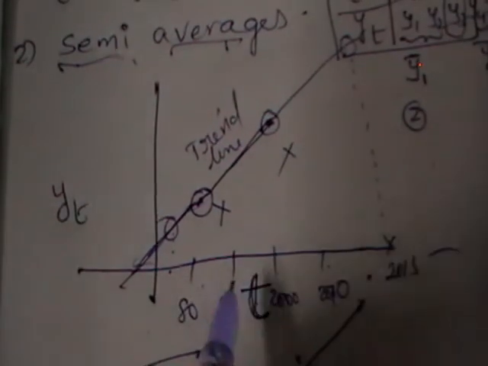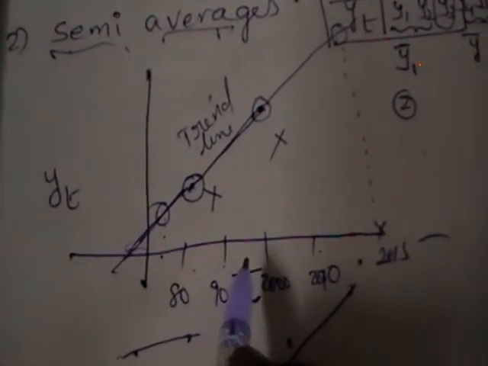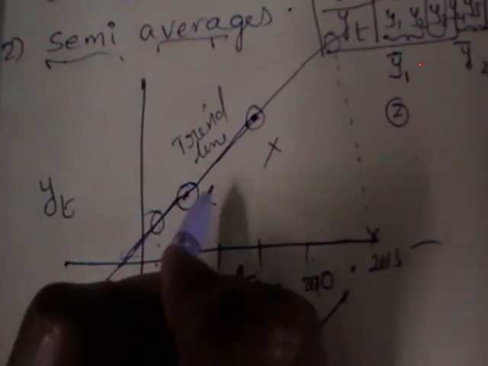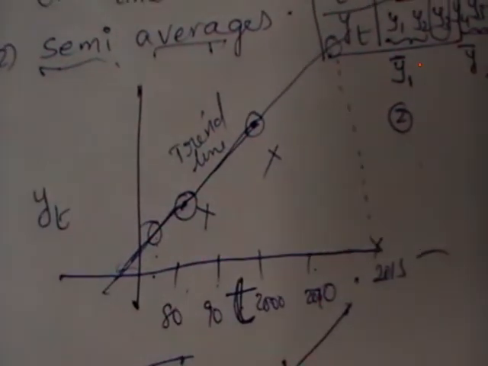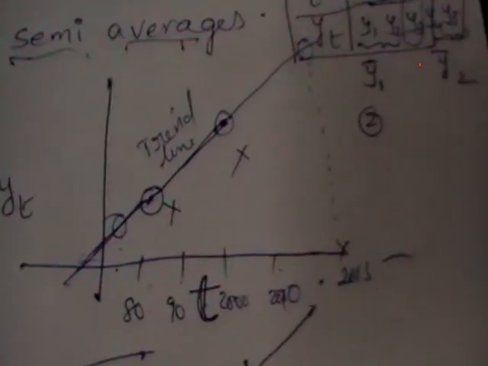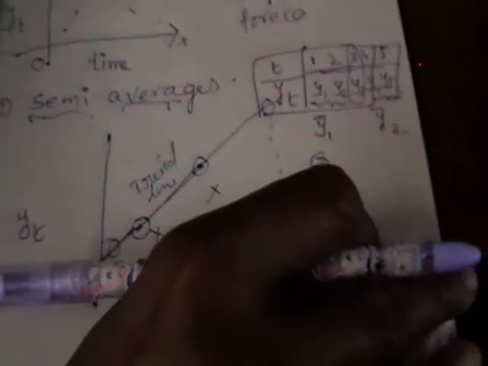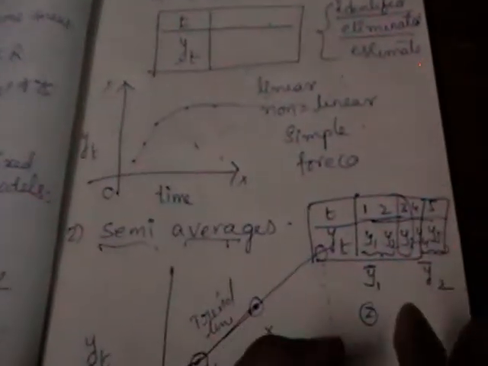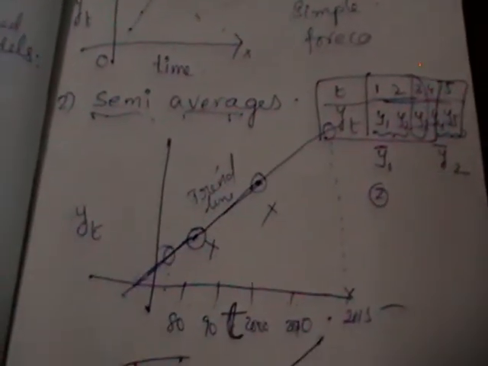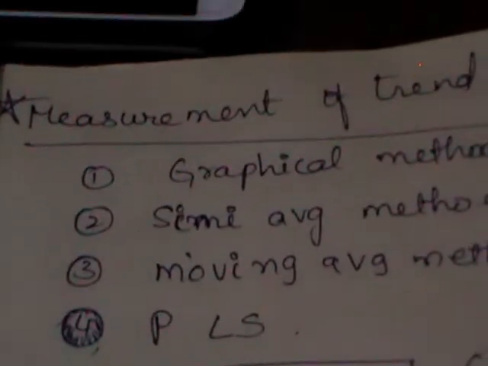So this is the drawback of this method. Why I am repeating this is that in the examination you should write the merits and demerits of each procedure. Even though these two are simple methods, they are very rarely used as they have many drawbacks. So these are the first two methods of measuring trend, and they are not well used. The next two are very important. Okay, thank you.